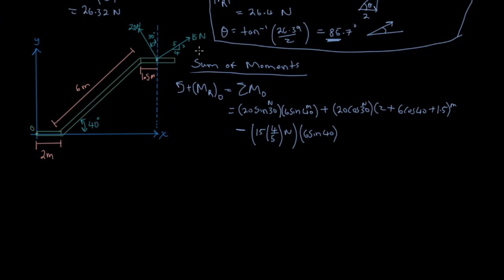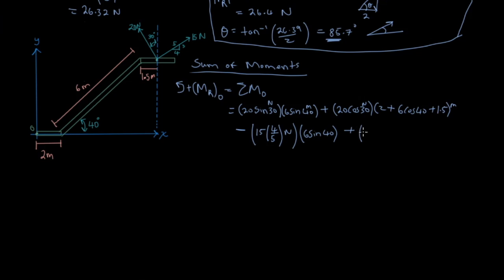And last but not least, we're going to consider the vertical component of this force. So this force right here pulls in this direction like that, and then we're also going to multiply it by its perpendicular distance here. And we know that the vertical component of this force is 15. We're going to put a plus sign because since it pulls up, it makes a counterclockwise rotating tendency, so it's going to be positive.